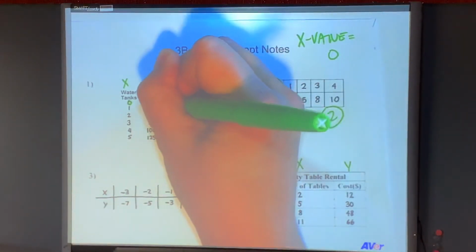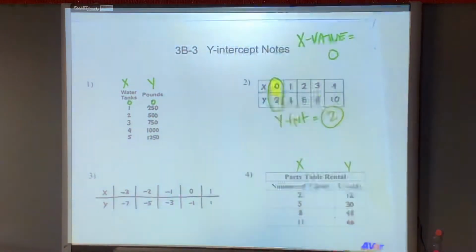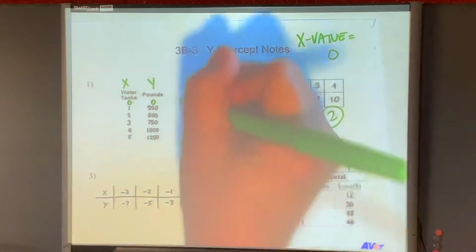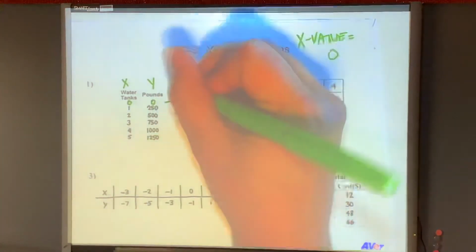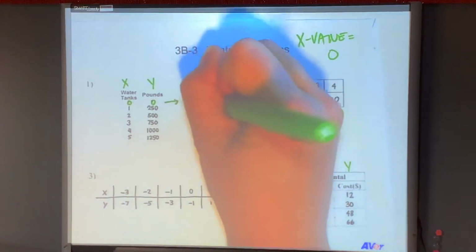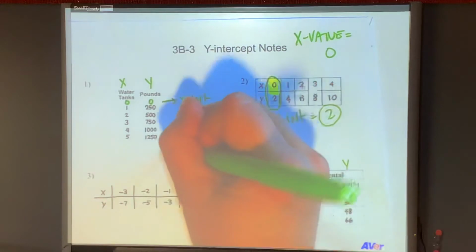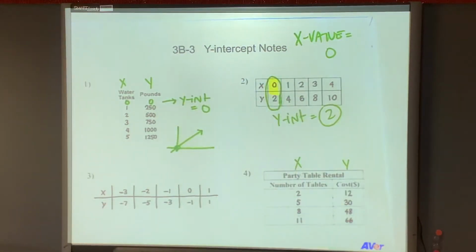So this must have been at 0 if I were counting down 250 from 250. This is the y-intercept right here. It just so happens that this one is the origin. So this one did look like a graph that looks like that, which just means that the 0 is our y-intercept.